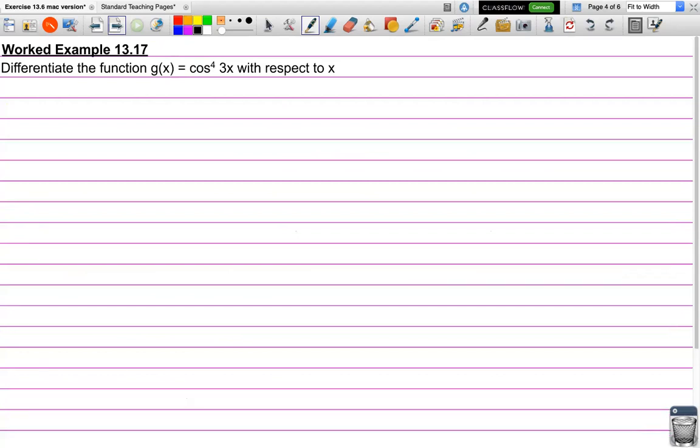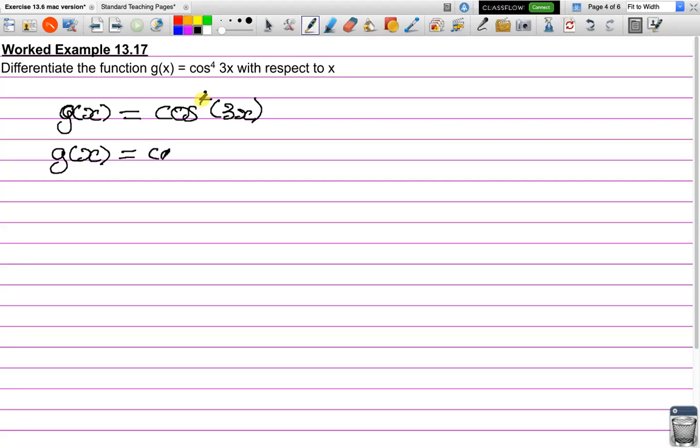Now we've got a slightly more complicated function here. Well, actually it's the same as the last one, to be fair. So what we have here is g of x is equal to cos to the power of 4, open bracket, 3x. And once again, we have to remember that the power of 4 is actually written incorrectly. And we just do that to make life easy for ourselves.